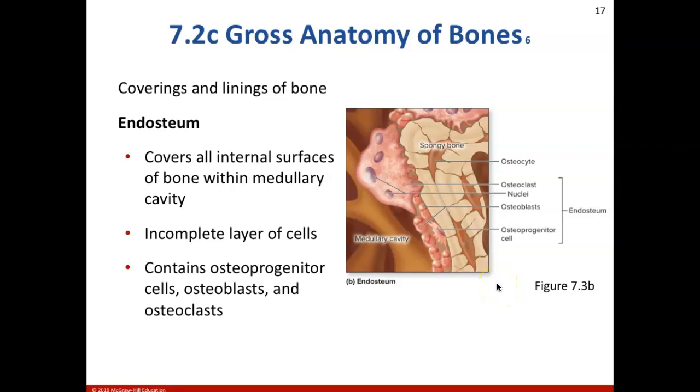So this endosteum is going to cover all of our internal surfaces within the medullary cavity. So notice how in the background here we have this spongy bone, and the space is going to be lined with the endosteum. So we do see incomplete layers of cells. Here is an osteoclast. We have osteocytes here, and little osteoblasts and osteoprogenitor cells. Again, we'll talk about what these cells are in a coming section.